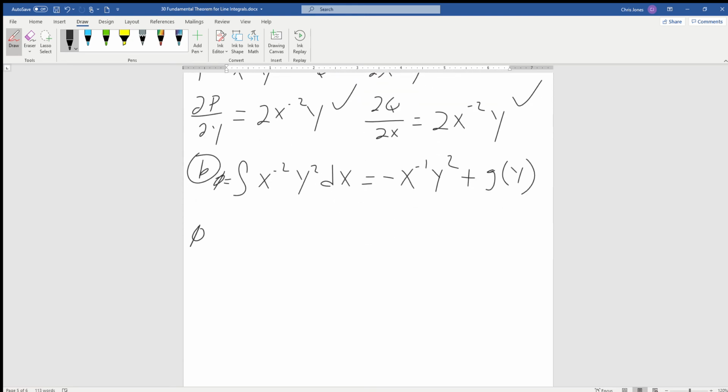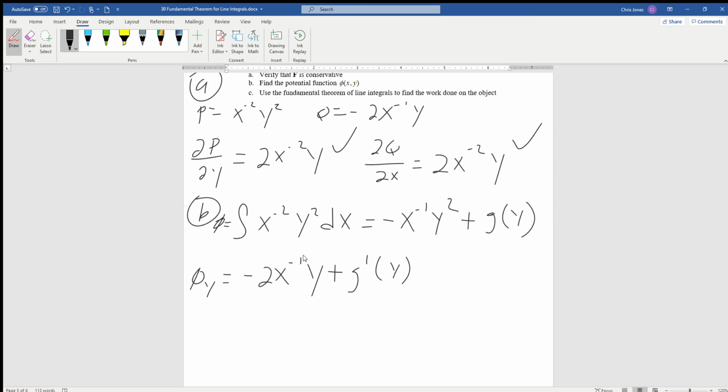Now, to figure out what g of y is, we're going to find phi y. That's going to be negative 2x to the minus 1 y plus g prime of y. We're going to set that equal to whatever Q is. And it just so happens that Q is the exact same thing except for the g prime of y.